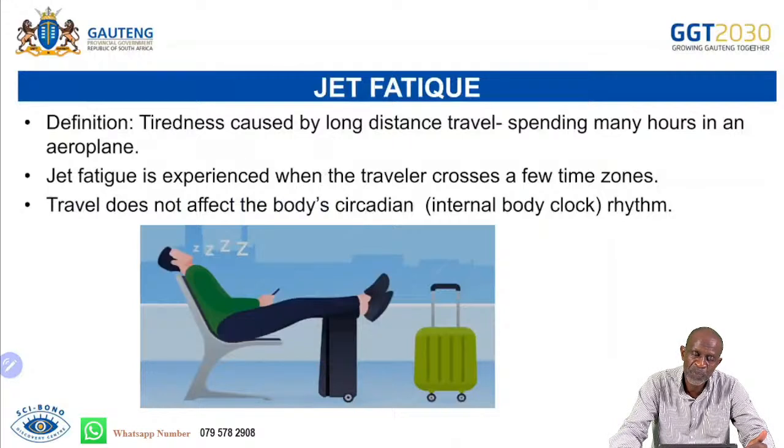Or at some point, you'll travel across the same parallel or the same time zone, but for a long distance. An example is traveling from Cape Town to Cairo in Egypt. They are both on +2, but the distance is long. That's when you feel jet fatigue.